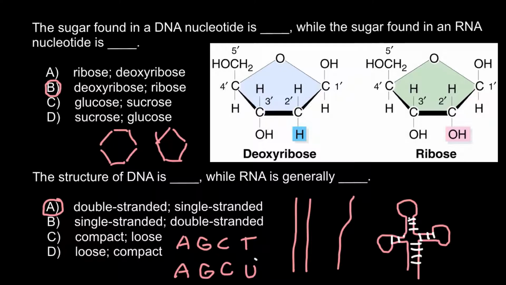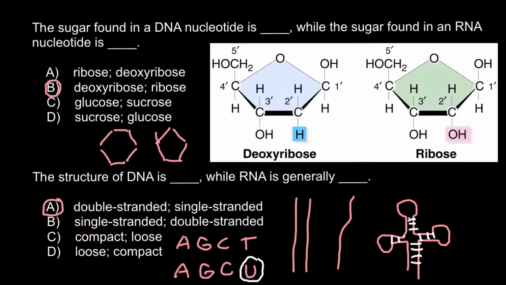Uracil is structurally almost the same as thymine, but without the methyl group. So in RNA, thymine would be substituted with uracil. This is the third difference between DNA and RNA.